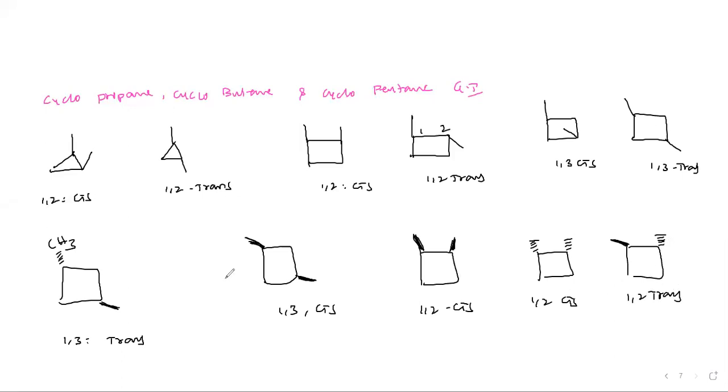Is it clear? Any doubts? Any doubts, guys? All understood? Yes or no? Understood? Chalo. Similarly, if both are thick lines, what is this? 1,3 cis.